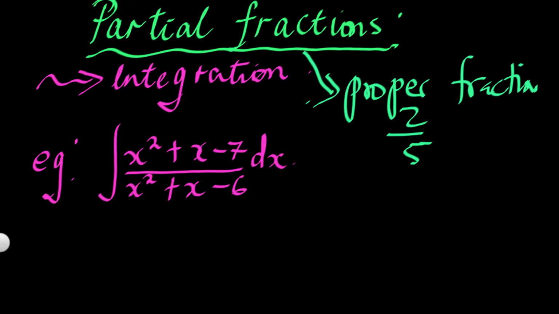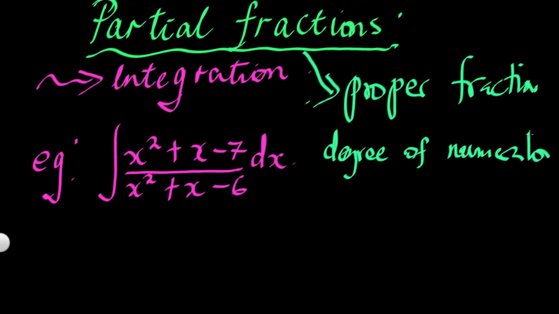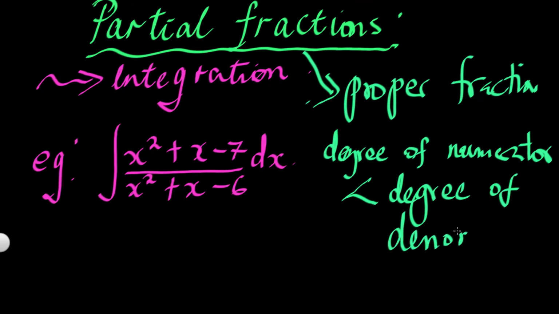If it is a proper fraction, the degree of the numerator will be less than the degree of the denominator. This is what you look at. It should be less than, always. If it is not less than, it is improper.